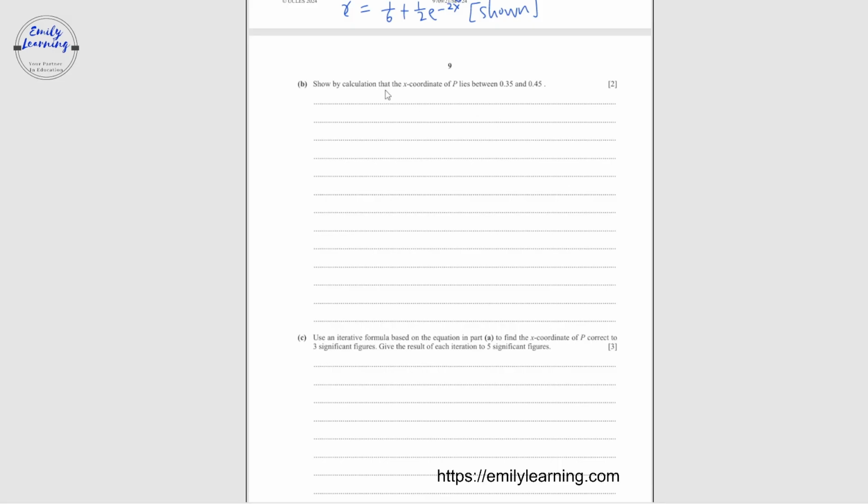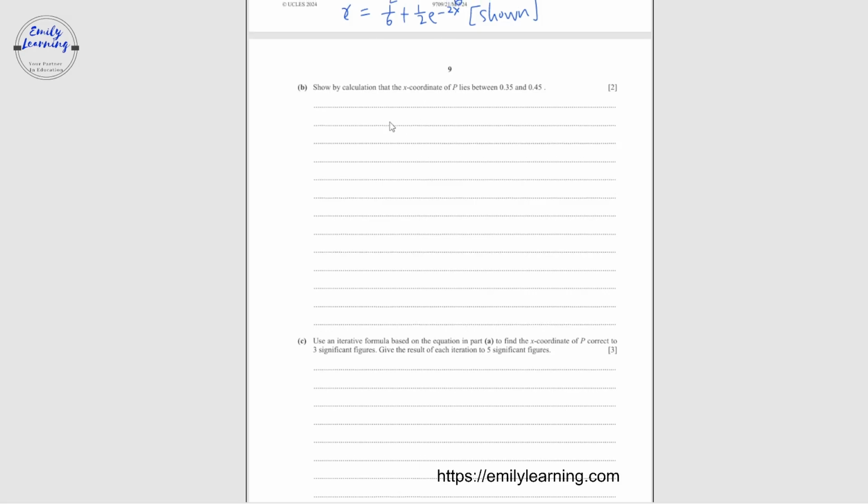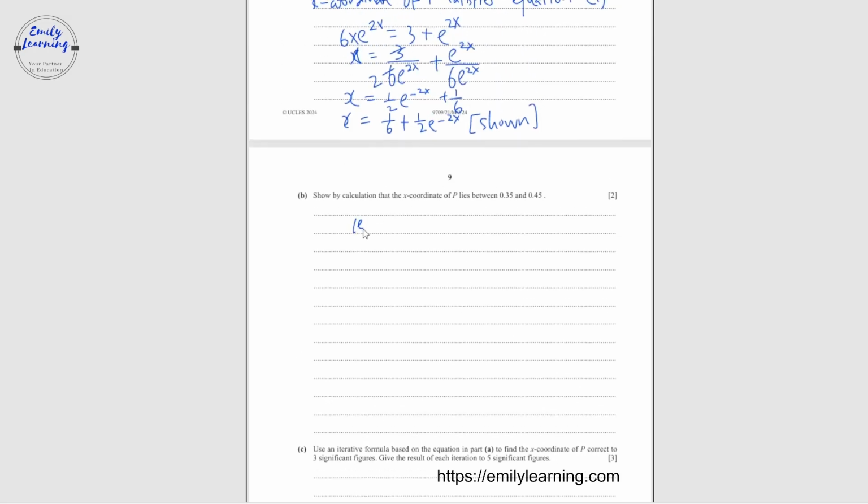Next, we are asked to show by calculation that the x coordinate of P lies between 0.35 and 0.45. So what I'll do is I'll have x equals to 1 over 6 plus half e to the power of minus 2x.